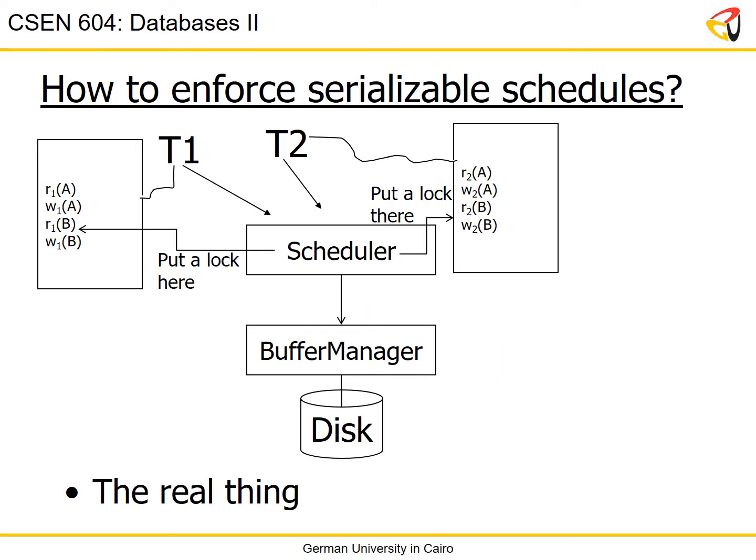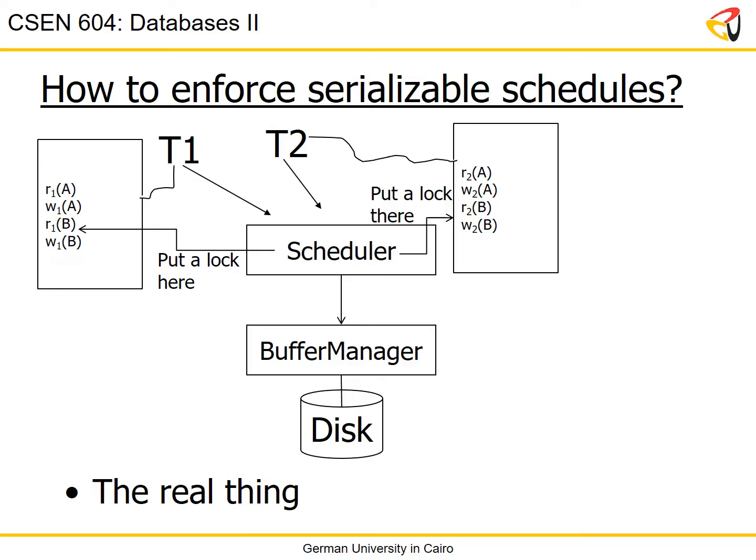So what actually happens is that the scheduler inserts locks after inspecting the steps in a transaction. It inserts them in certain locations in the sequence of steps of reads and writes inside a transaction. This is actually how it enforces serializability.